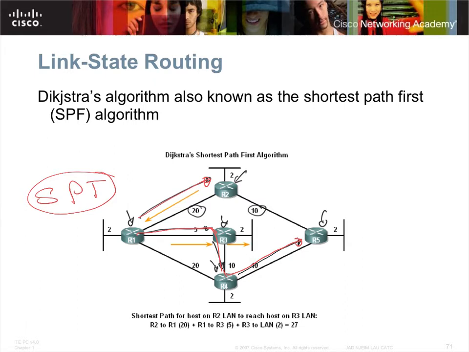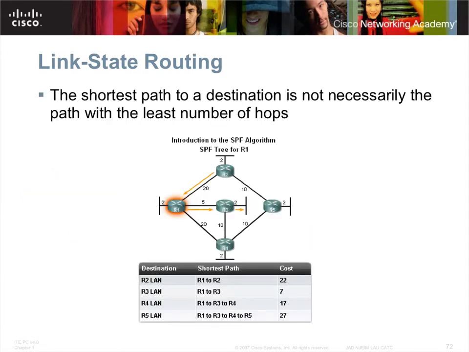The total cost from router 1 to router 5 is actually 2 plus 5 plus 10 plus 10, which is 27. So we can calculate everything because we have the full map locally at every single router in the autonomous system. We know exactly the total cost from one point to any other point in the system. This can be done easily for a link state routing protocol because we have a global view.